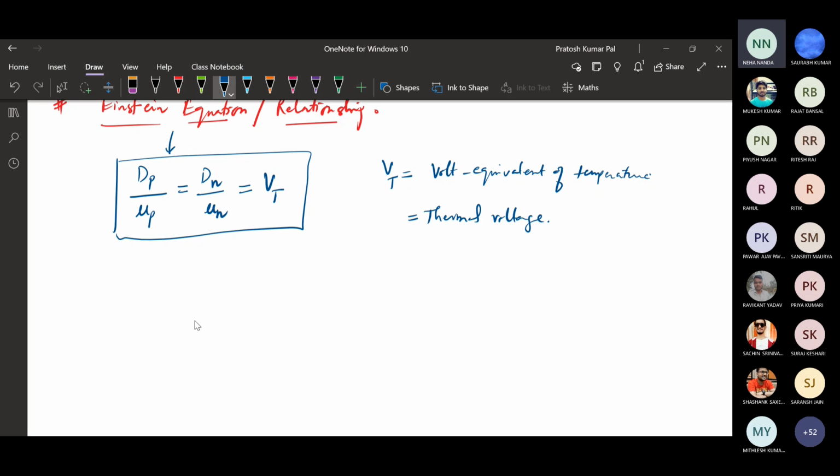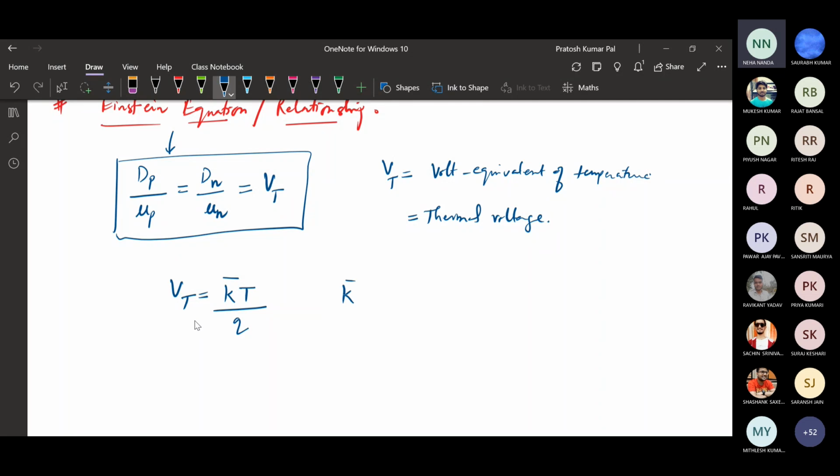This thermal voltage is defined by the parameter k bar T divided by q.